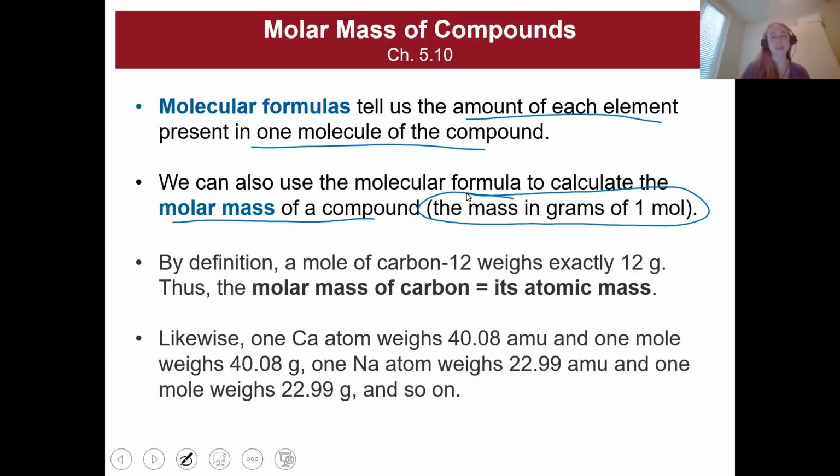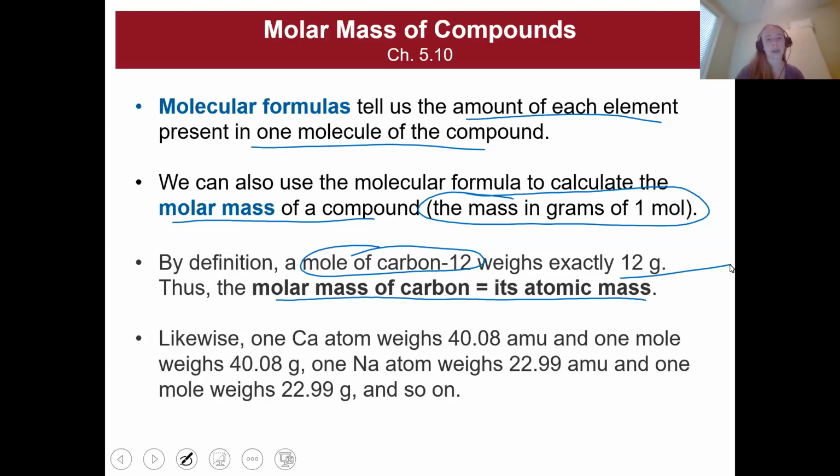Okay, so the reason that I use these terms a little interchangeably is because the molar mass is equal to the atomic mass, but with different units. So by definition, we learned this back in chapter 1 or 2, 1 mole of carbon-12 weighs exactly 12 grams.